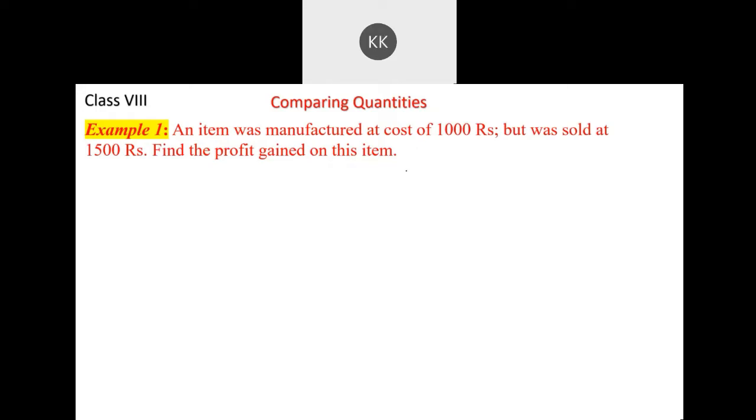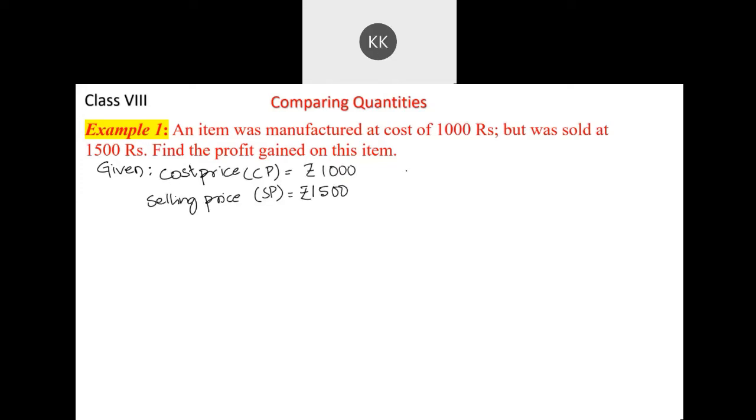Profit percent is profit upon the cost price into 100. When we do that, 500 divided by the cost price 1000 into 100, 50%. 50% is the profit gained.